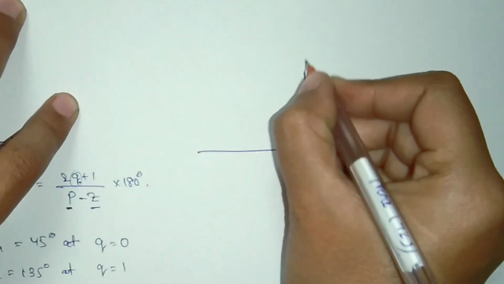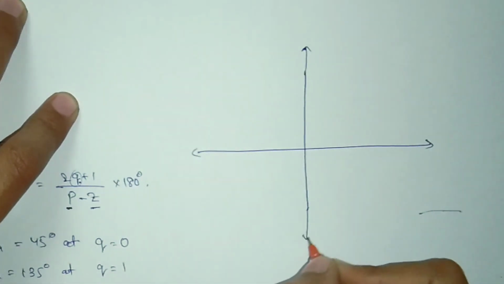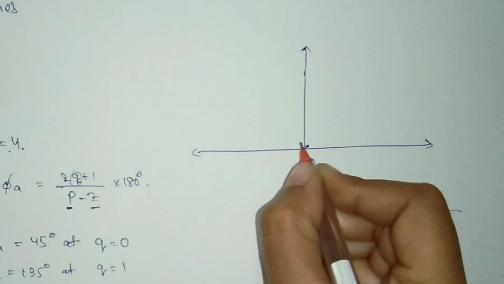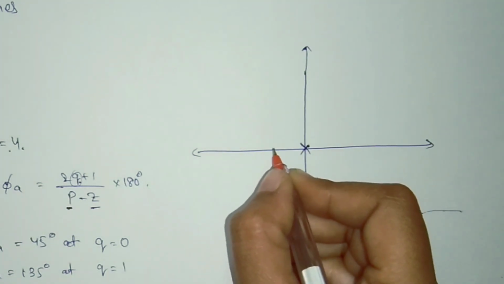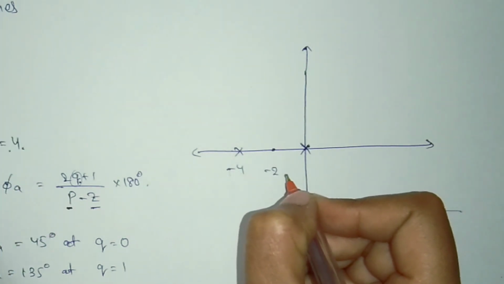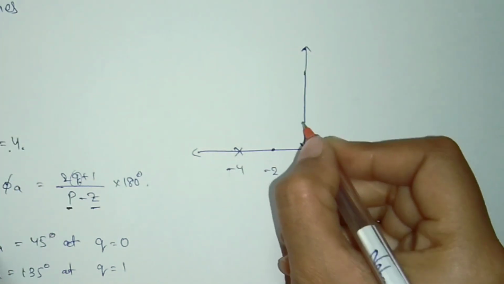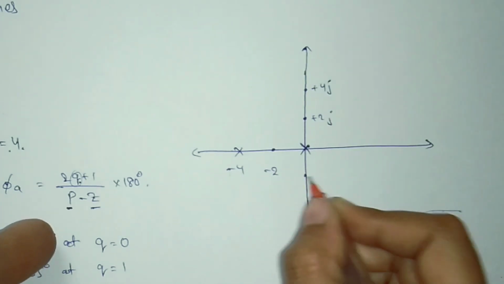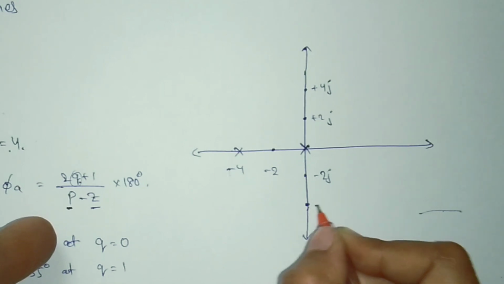Now we will draw the expected graph. Here the poles lie at 0 and minus 4. Let's say minus 4 lies here, this is minus 2, and then on the imaginary axis, let's say this is plus 2 and this is plus 4j, this is minus 2j and this is minus 4j.